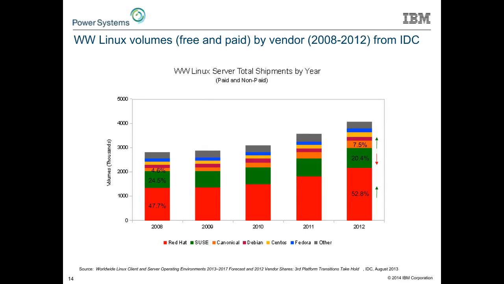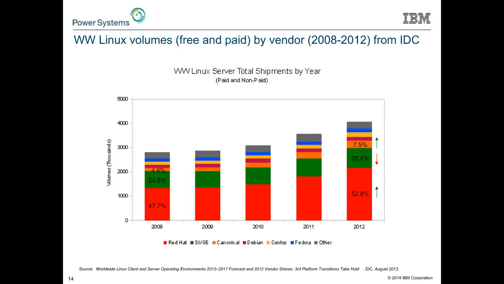Let's look then at the percentages. In 2008, Red Hat was just under 50% at 47, almost 48%. SUSE was 24.5%, and Ubuntu was 4.5%. If we jump ahead to 2012, Red Hat not only has grown in volume, but they have taken market share. They are now up basically 10% over the previous number to 52, almost 53%.